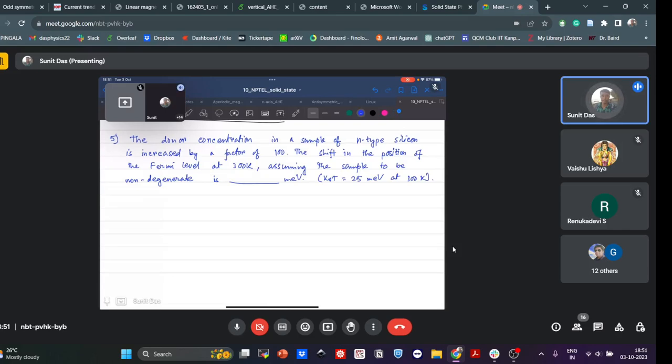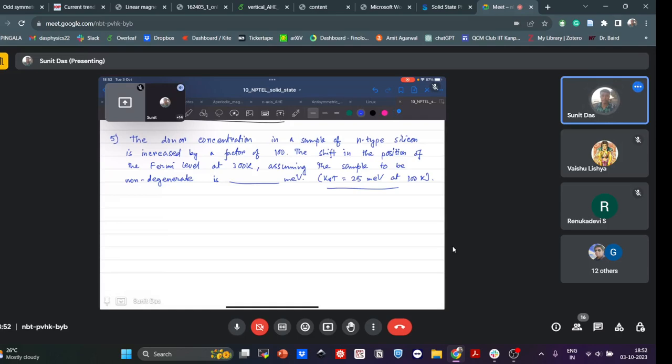The donor concentration in a sample of n-type silicon is increased by a factor of 100, and we need to find the shift in the position of the Fermi level at 300 Kelvin due to this 100-fold increase, given that kBT is 25 millielectron volt at 300 K. What we really need to do in this case is find the initial Fermi energy and then the final Fermi energy, and take the difference.